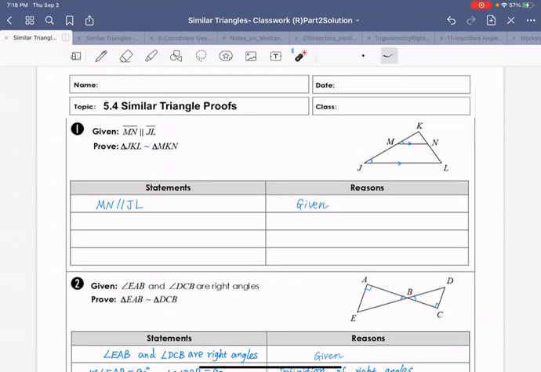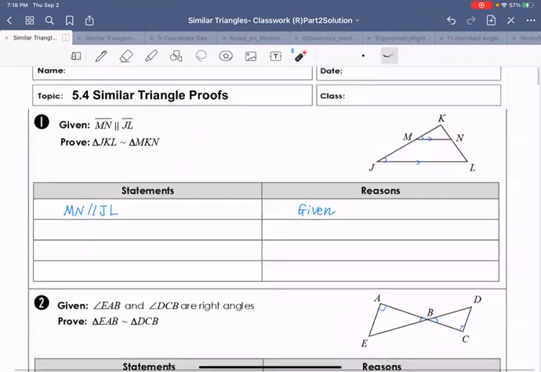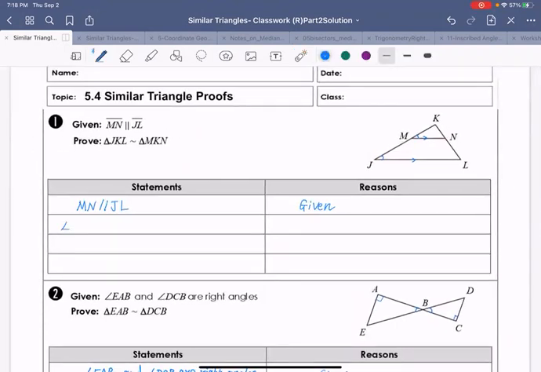When you have this given, what conclusion you want to say? These 2 lines parallel, what will happen? Which angle equal? Say angle J and angle M congruent. You cannot say angle M because they don't know whether you are talking about this angle or this angle. So you have to say this angle, okay? Angle KMN.